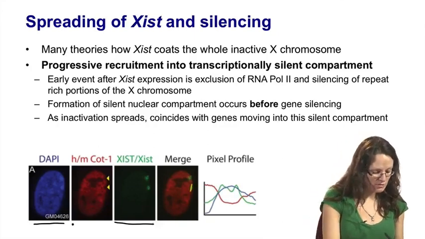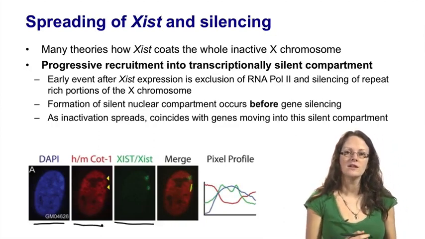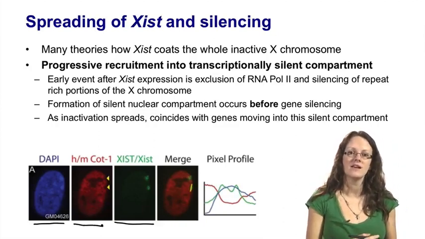But this image in between, which is called HMCOT1, is a stain for repetitive RNA, so the expression of repetitive elements. What you can see indicated by the yellow arrows is that these two regions where these Barr bodies are found, where Xist is found, are devoid of this repetitive RNA.